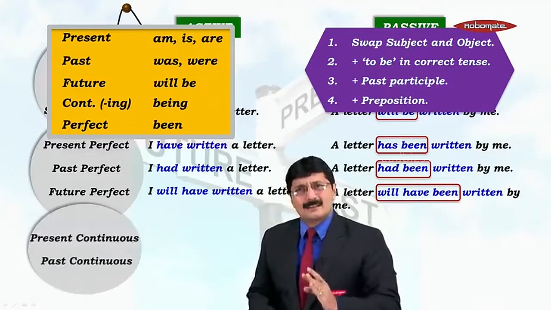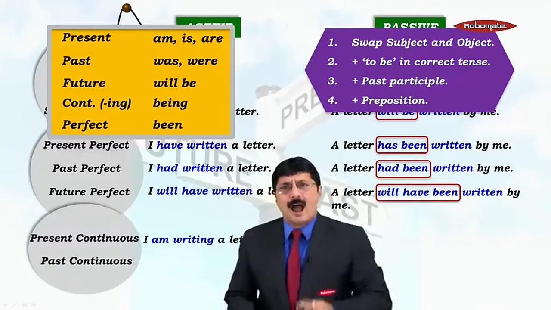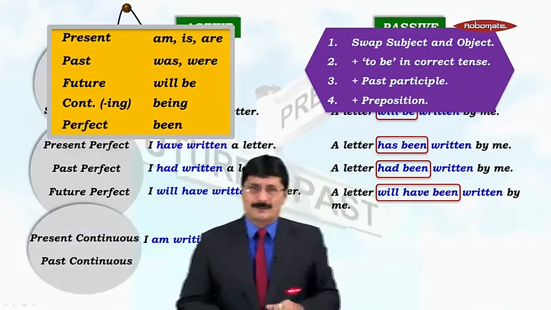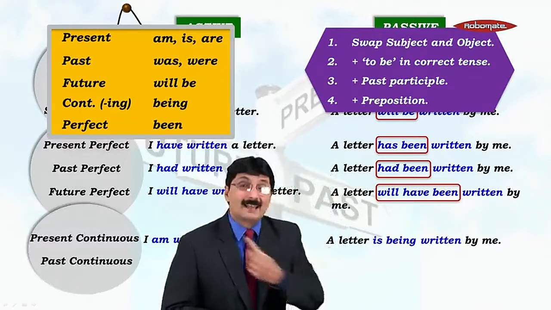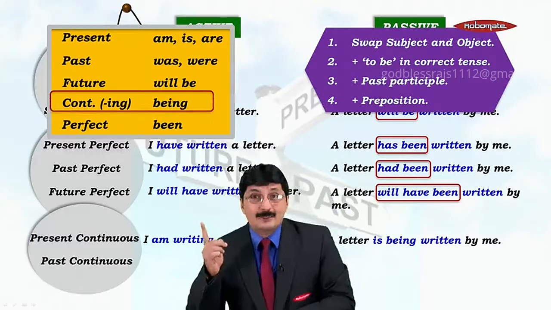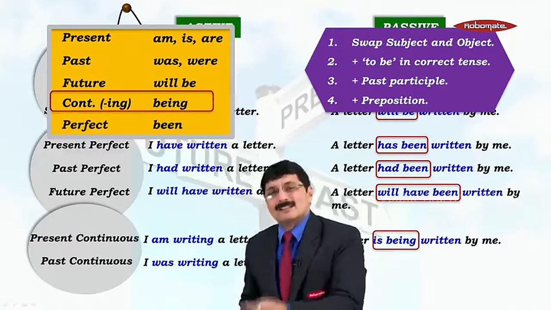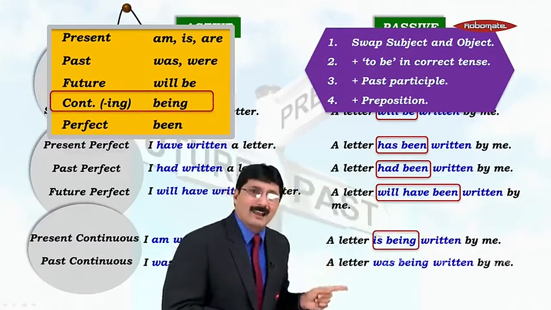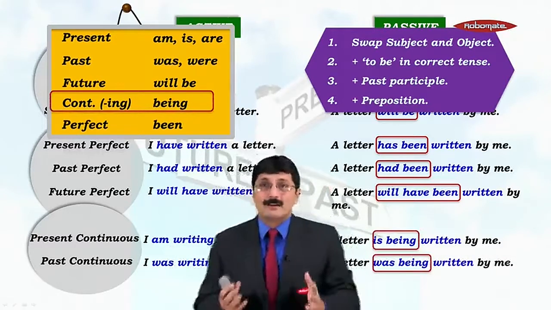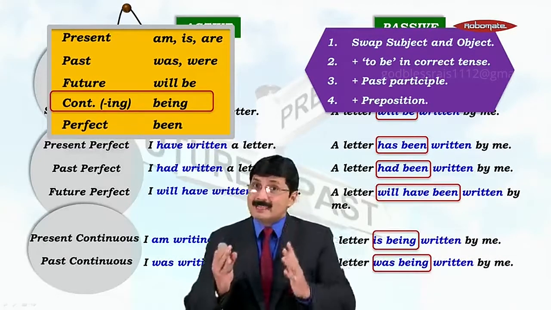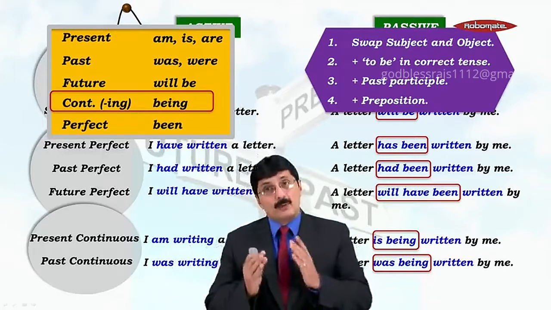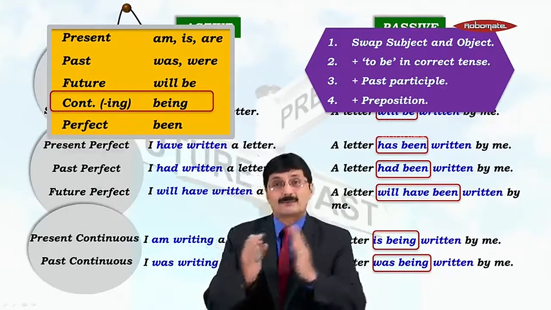There is amazing clarity. Present continuous. I am writing a letter. A letter is being written, as you can see up there. Yes, absolutely. I was writing, past continuous. A letter was being written. 8 different tenses in which we can change the voice from active to passive.